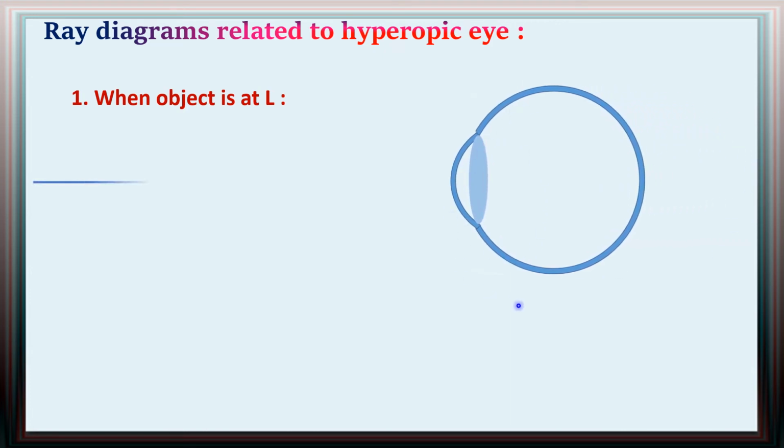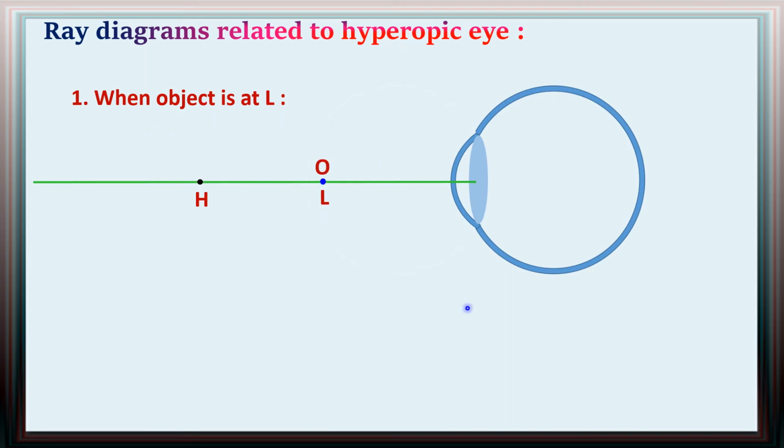Here is the principal axis, L is the least distance of distinct vision point, and H is the near point. In this case, objects are seen from H to infinity. If an object is placed between L and H, he cannot see it clearly.